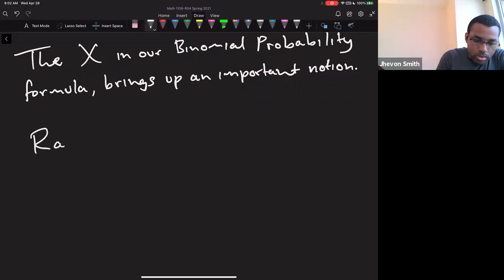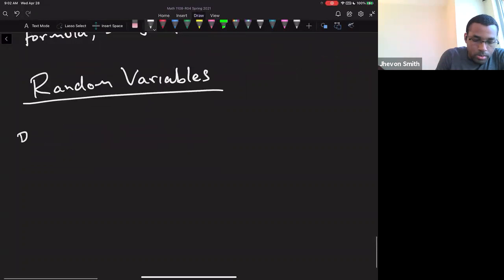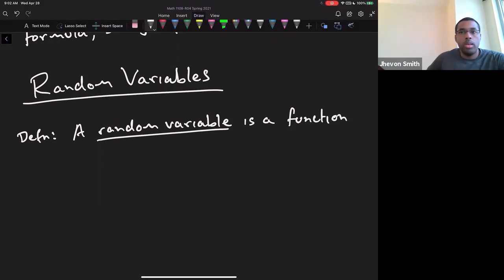random variables. So definition, a random variable is a function, right? So now we're going to want to be able to somehow connect probability to the output of some function.